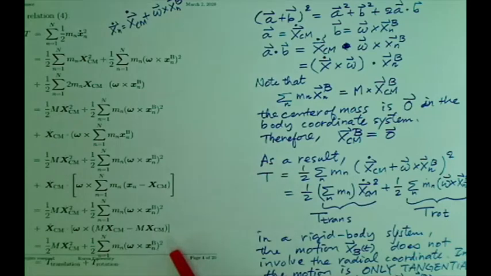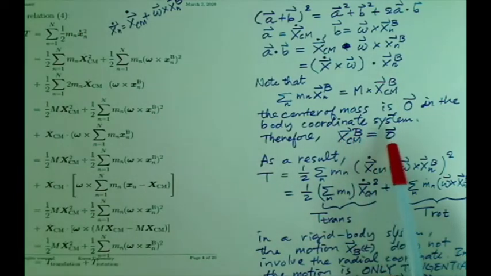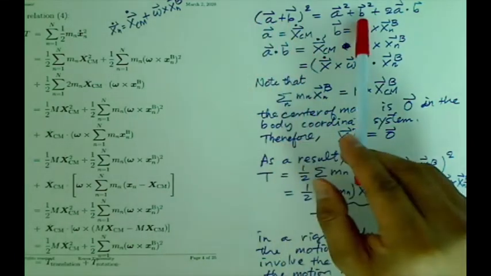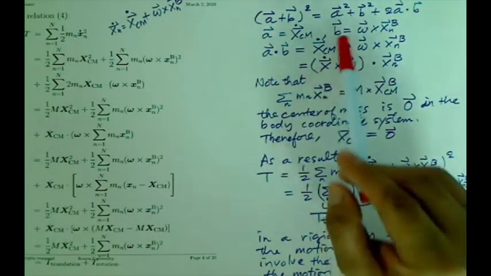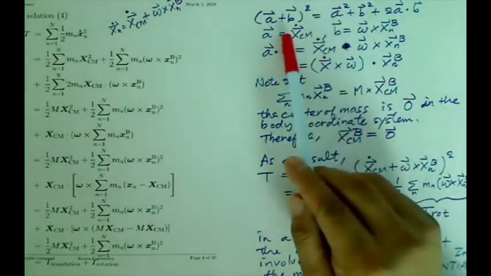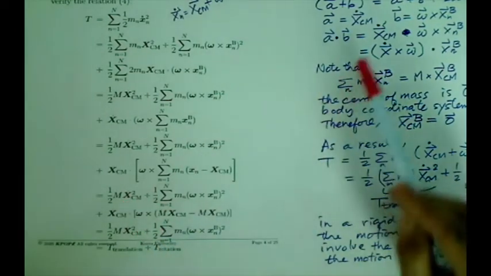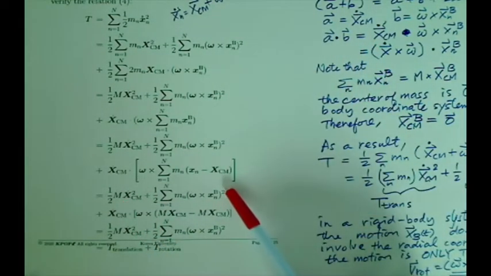But as we know, the body coordinate system has its origin at the center of mass. Therefore, the x_CM in the body coordinate system is exactly zero. Therefore, the cross term in this expansion vanishes completely, and only two contributions remain: the first is the translational kinetic energy, and the second is the rotational kinetic energy.